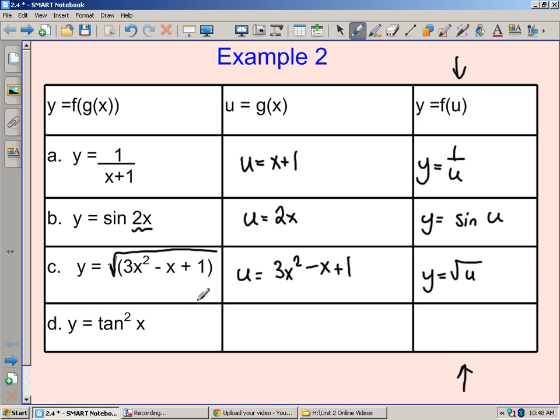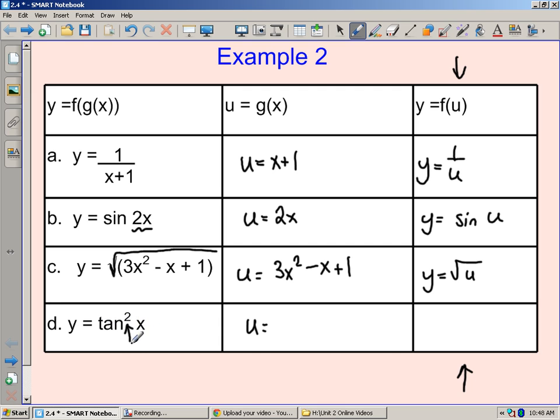And so then for my last one, I have to figure out what my inner function is. And this one's a little bit trickier, but a lot of times when you have a trig function squared, and part of the reason why I know this is my inner function is, if you remember our trig rules for differentiation, we do not have a trig rule for tangent squared. We have a differentiation rule for tangent, but we don't have one for tangent squared.